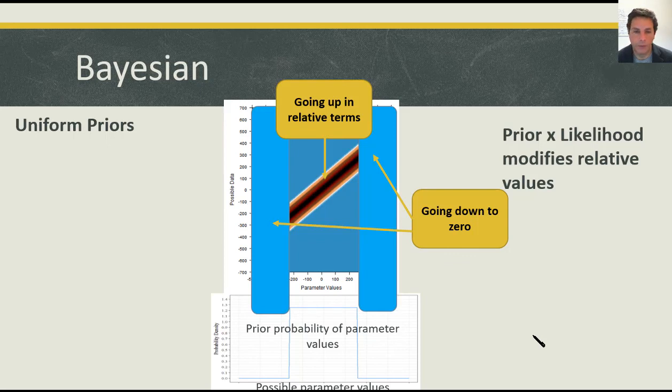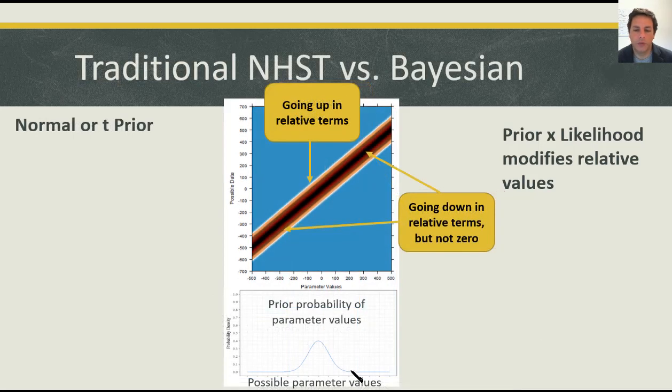Now, typically we use a normal distribution for the prior, but sometimes we can use the uniform distribution as well. We are saying that values around 0 for the parameters of the population are more likely than values away from 0.